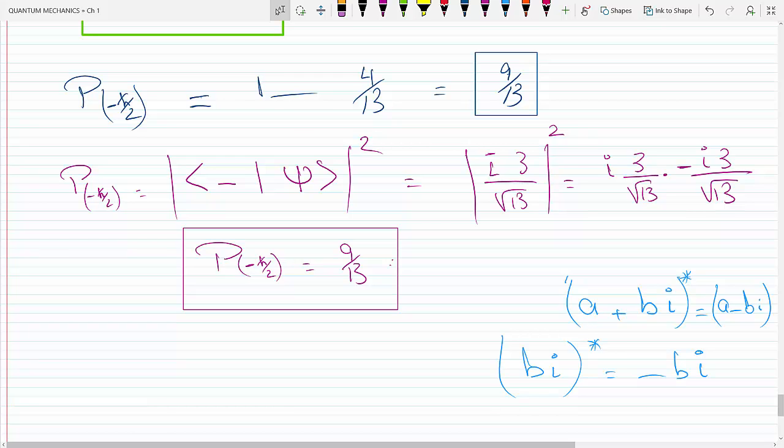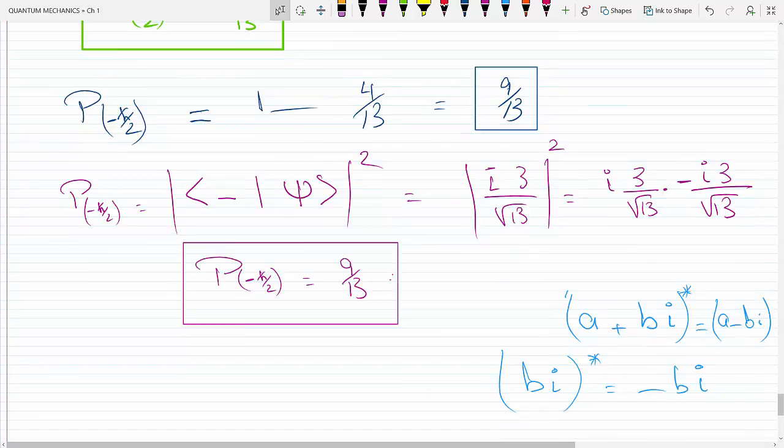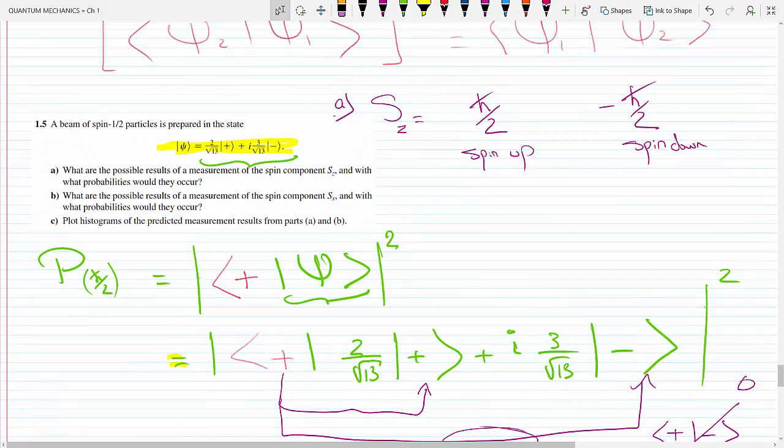So part B, it wants: what are the possible results of the measurement of the spin component Sx now? So now you're doing the X matrix, meaning the component of the spin in the X direction, and with what probabilities do they occur?